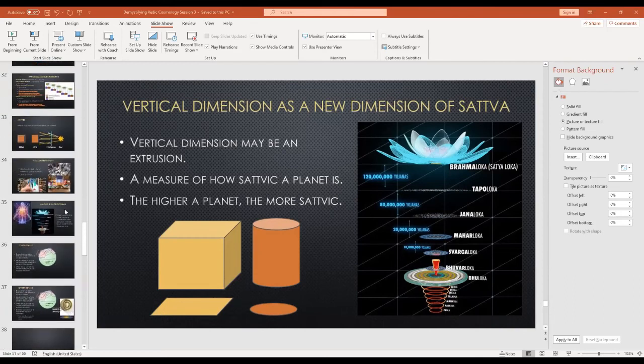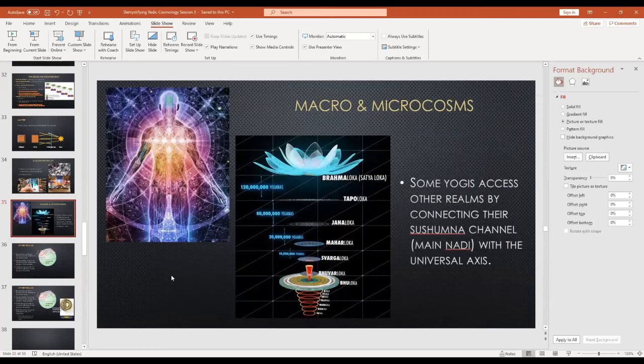So I explained here that some yogis are able to connect their Sushumna channel, the main channel that runs along the body's axis, with the universal axis. When they do that, they're able to connect their different chakras with the different realms.